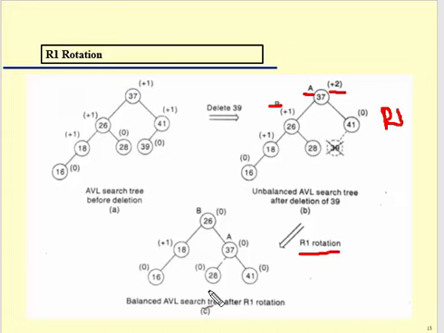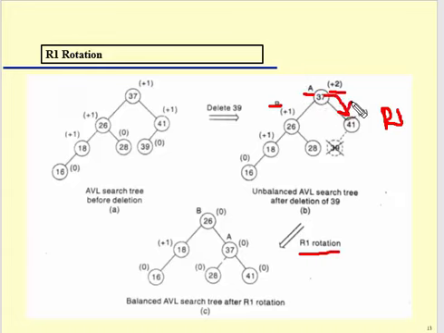So even if you don't want to remember this R0, R1 or R minus 1, what you need to remember after deletion of this, just find out the out of balance node. What is the out of balance node? +2. If you have deleted from the right side, then just rotate the out of balance node towards the right side.